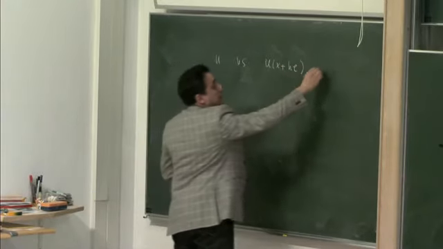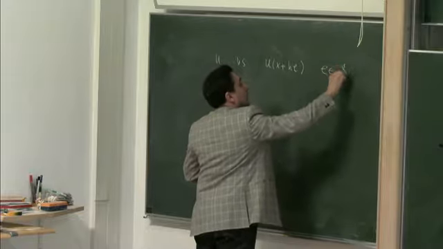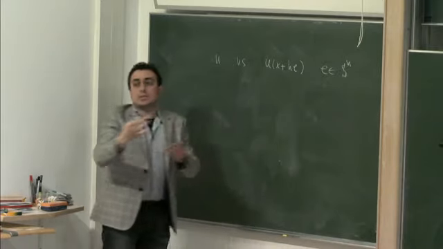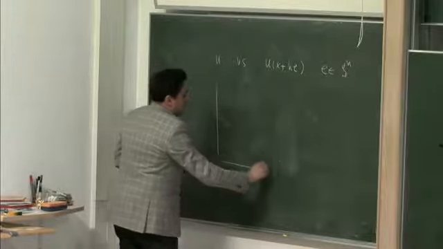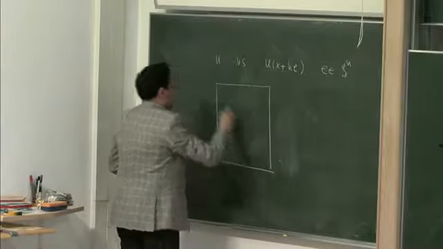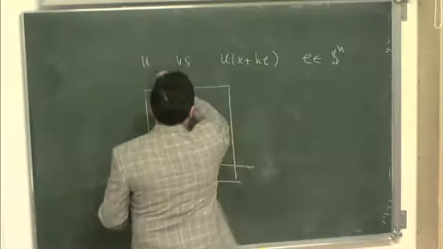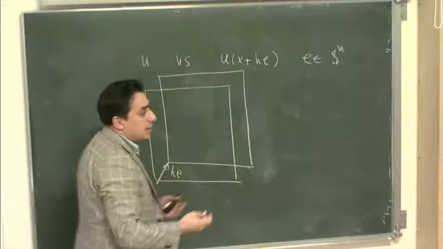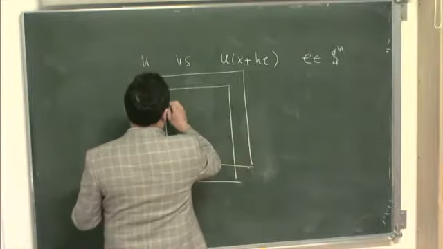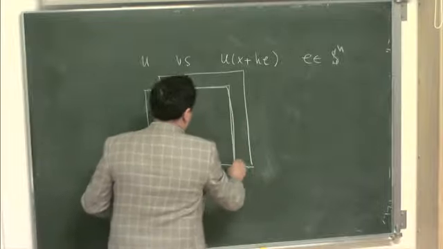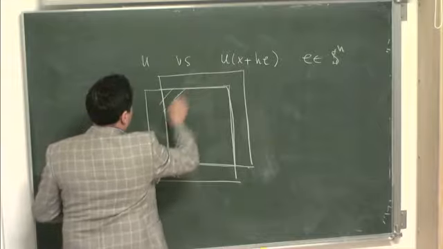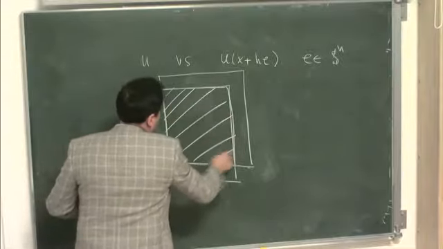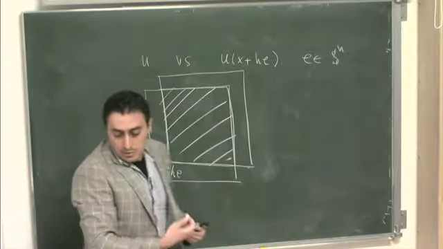So let's say e is a unit vector and h is the size of the shift. So I think that this is the original domain. Then you just shift it by some vector h times e, and then you try to compare these two functions in the intersection of the domain and its shift.